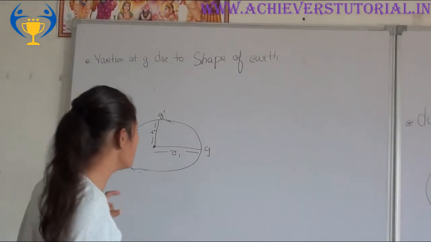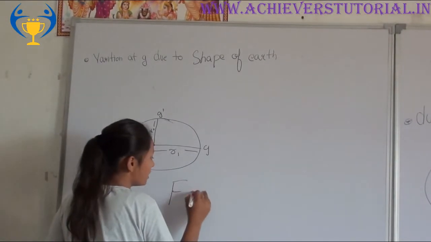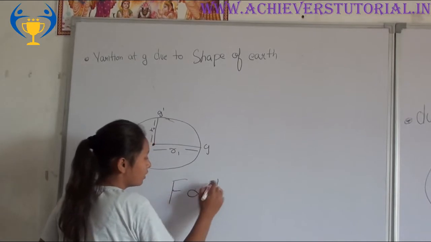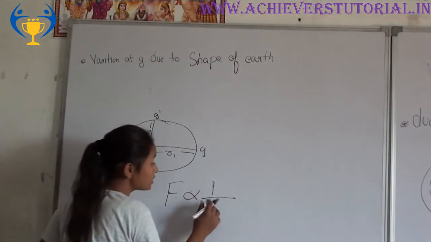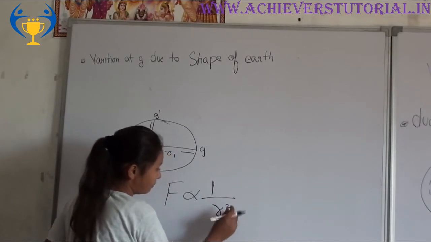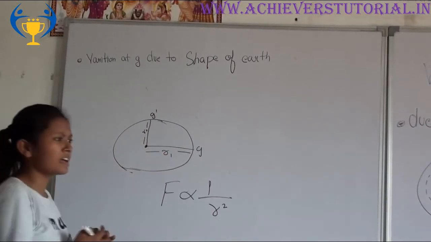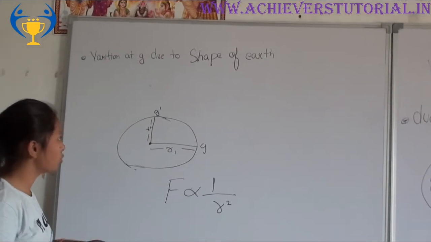As we know by the gravitational formula, F is inversely proportional to r square. This has no derivations or formulas.